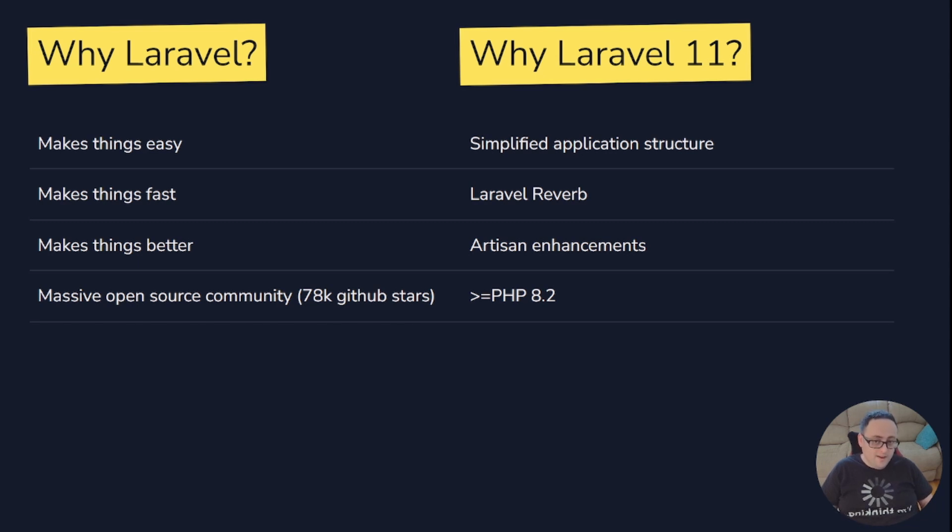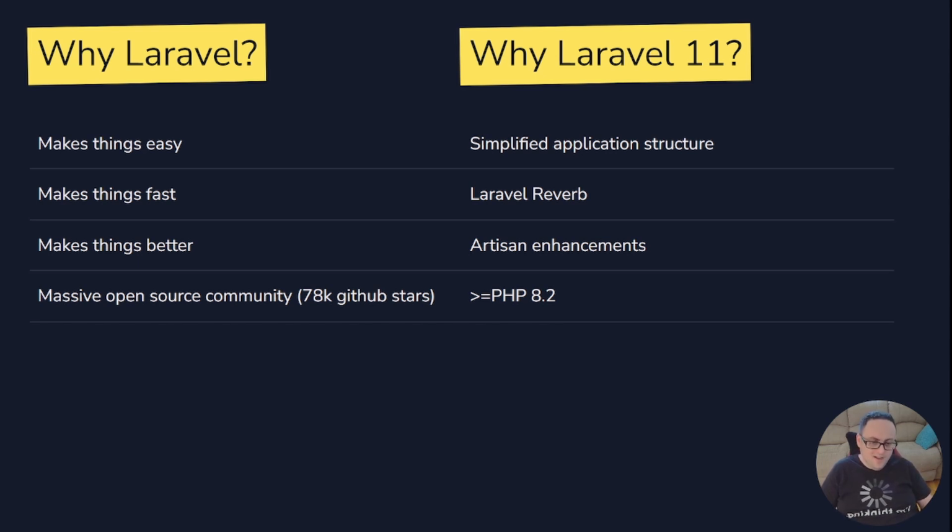Laravel Reverb is basically a package, an extension of Laravel, that gives you access to WebSockets, and that was released with Laravel 11, and that's something that I also want to take advantage of. There have been Artisan enhancements that have made the scaffolding in the framework so much easier, and it's with PHP 8.2, the current version, which also has a lot of amazing things that have been released over the years.